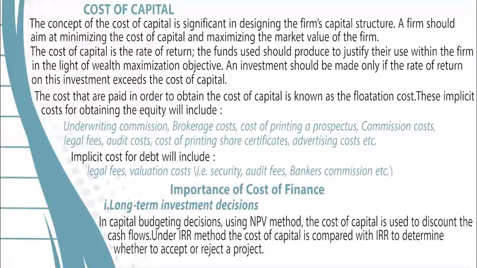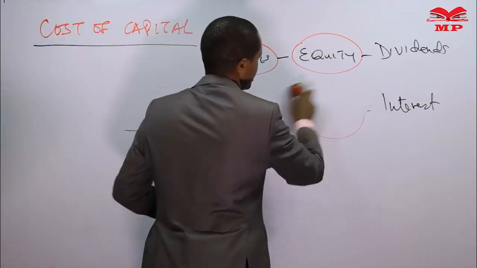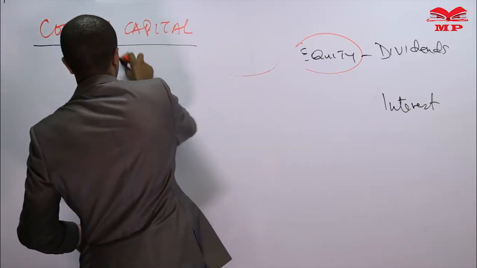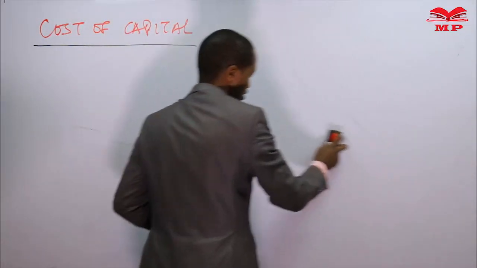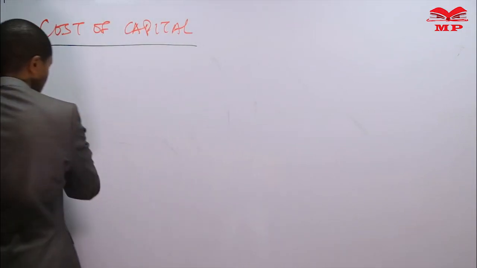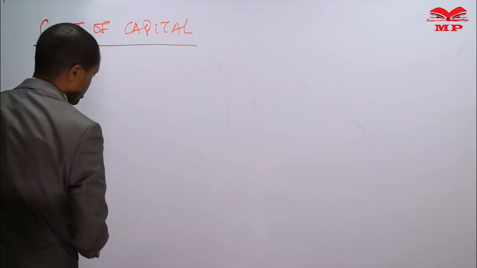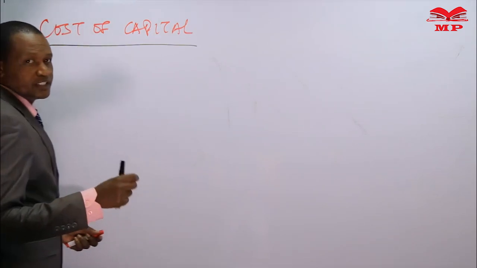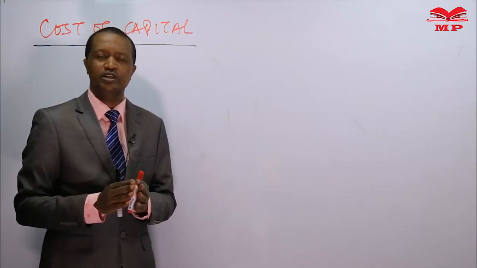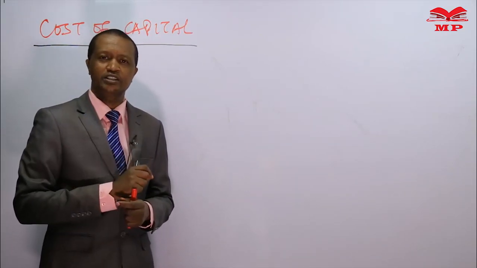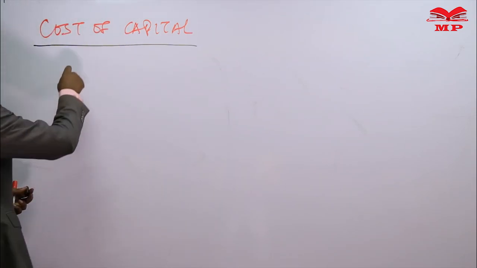So one application of cost of capital is when making long-term decisions. This is the capital budgeting decisions, because in capital budgeting there are various techniques or methods that are used in order to make decisions, one of them being the net present value method.